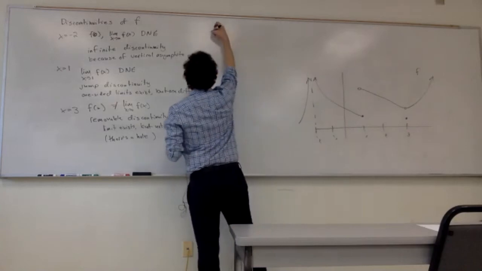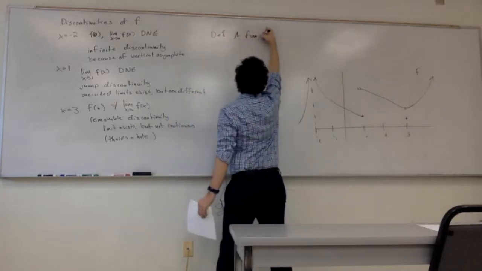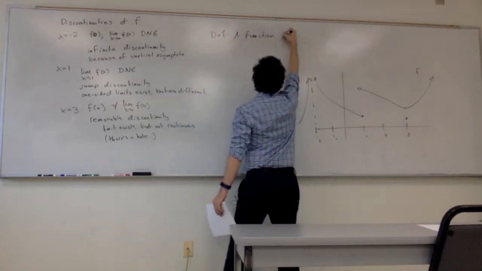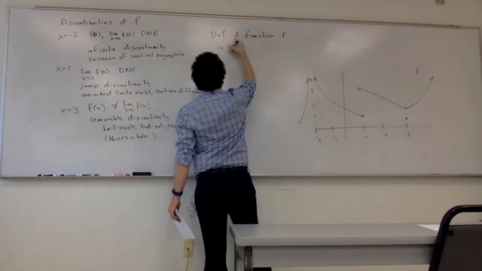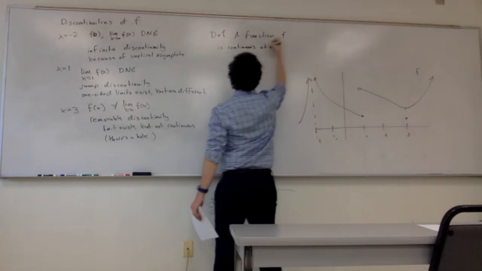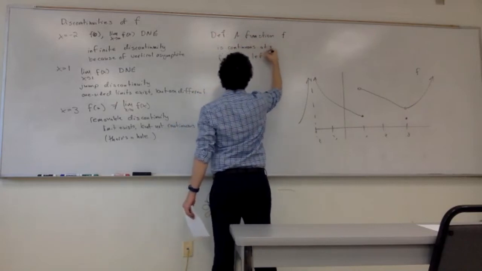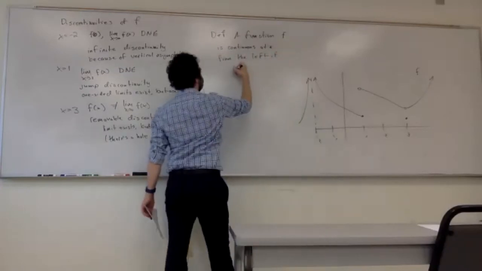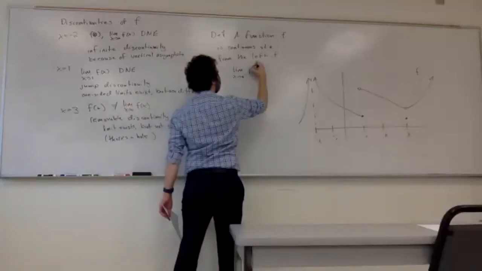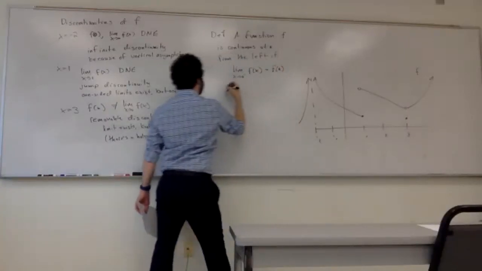First up is that a function f is continuous at a from the left if you take the left-hand limit of f of x as you go to a, you get f of a.